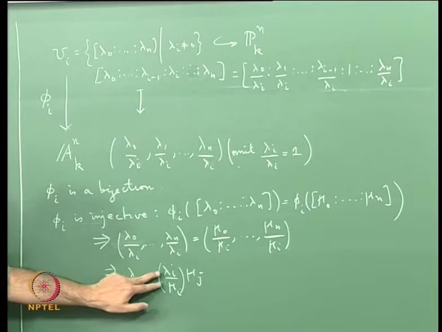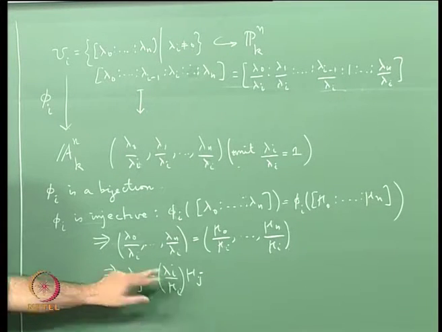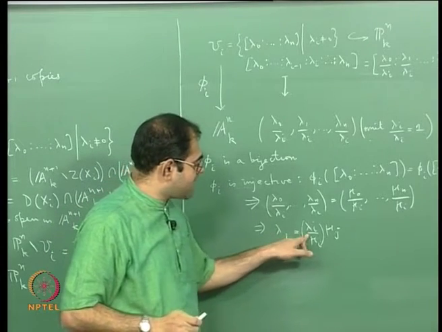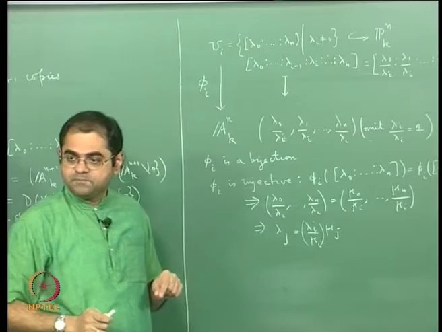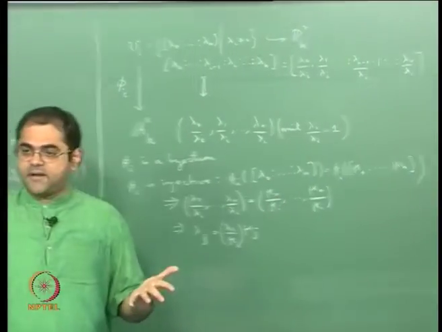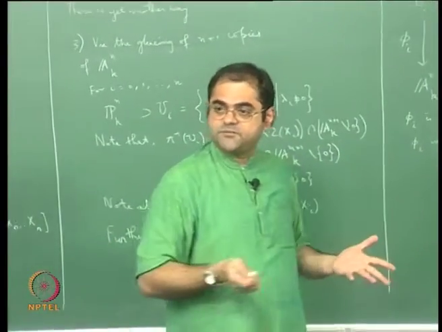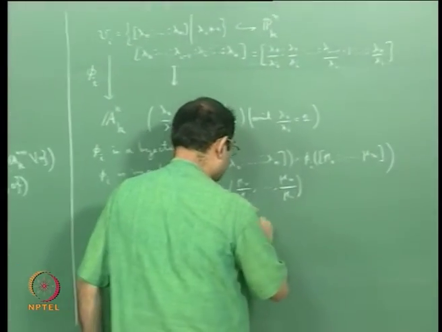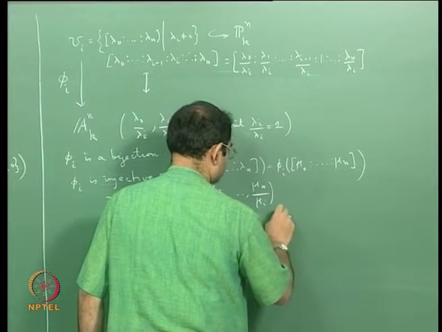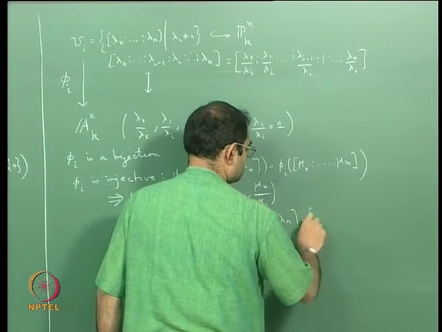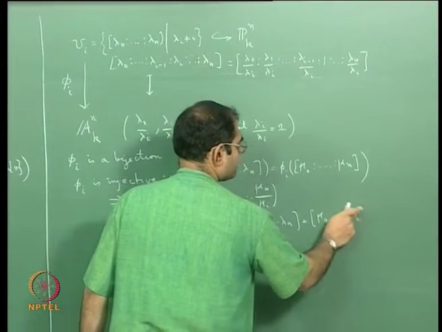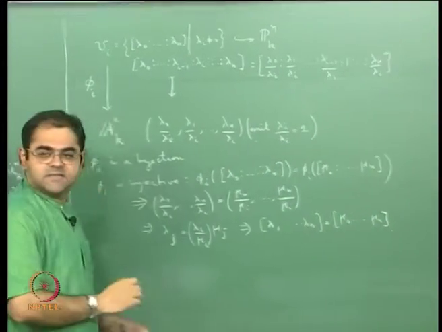Therefore this quotient is a fixed scalar, and every lambda is a fixed scalar times the corresponding mu, and that means that these two points define one and the same line. That means they are one and the same point on projective space. So these two points are the same. This is just injectivity.